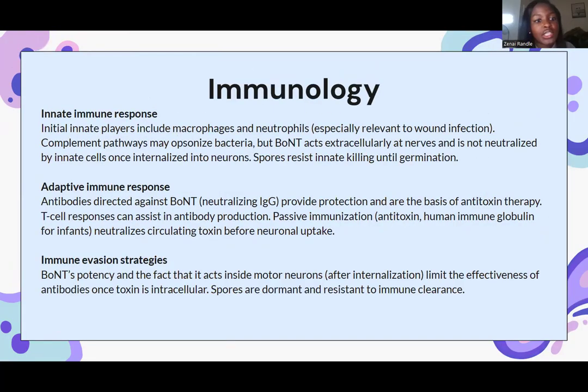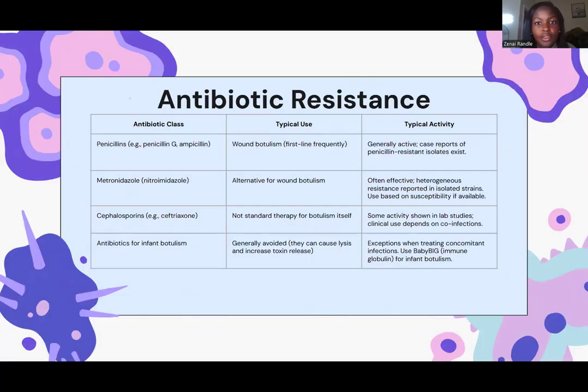For immunology, there's innate, where the BoNT is acting extracellularly, it is not neutralized, and spores resist innate killing until germination. There's adaptive, where antibodies are directed against BoNT, passive immunization occurs, and then there's immune evasion, where spores are dormant and resistant to immune clearance.